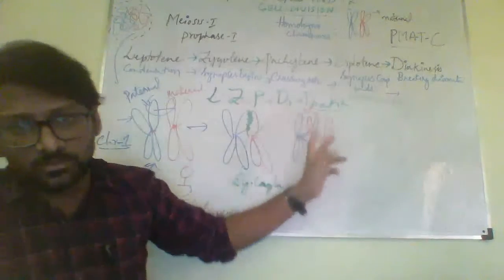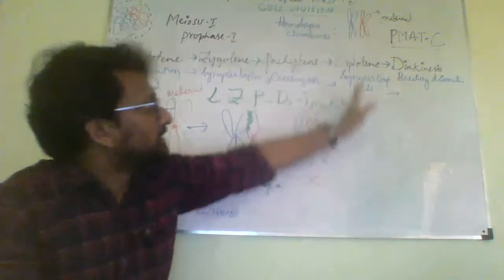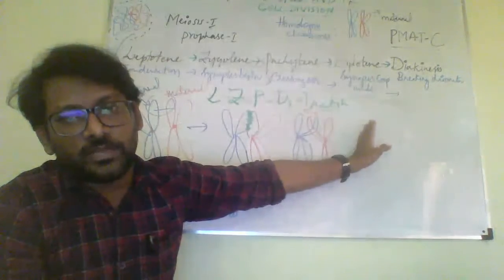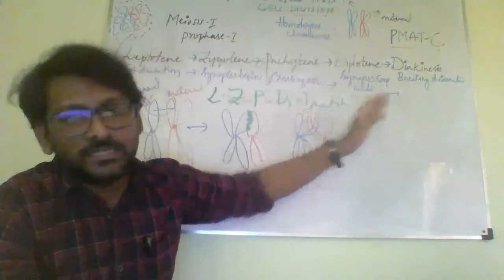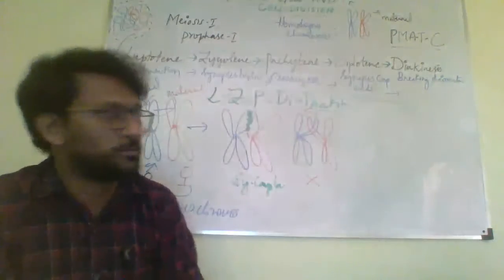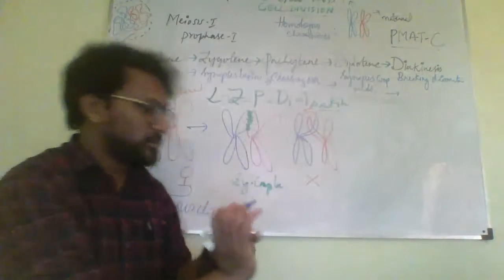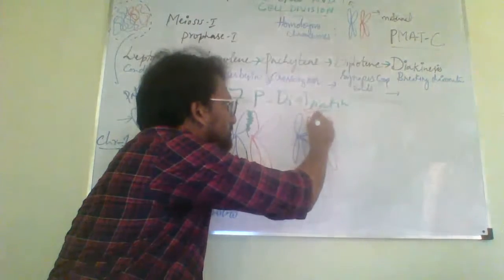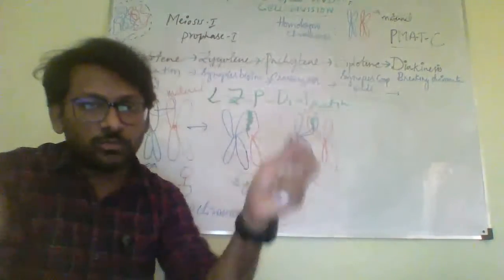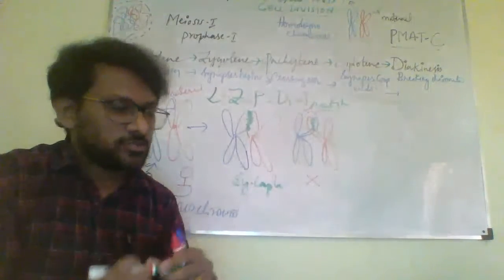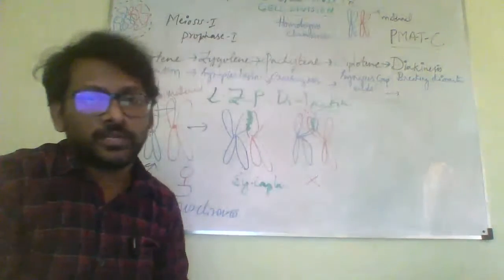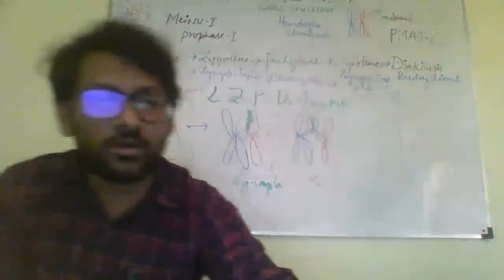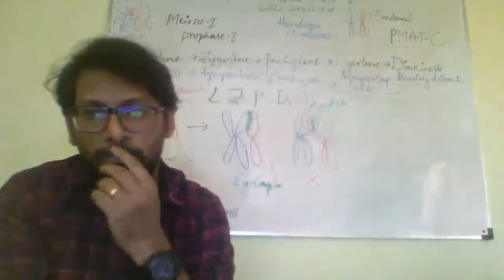I will change the colors also. You just try to see. At the beginning of the diplotene, we will recognize the dissolution of the synaptonemal complex. The synaptonemal complex which is formed here would be dissolving, right? Once this is dissolved, how would it look?